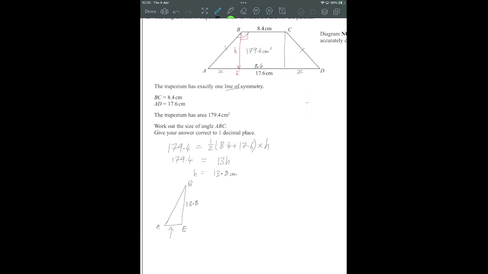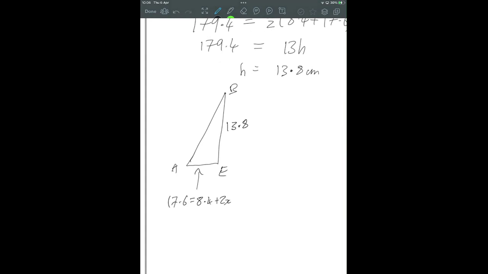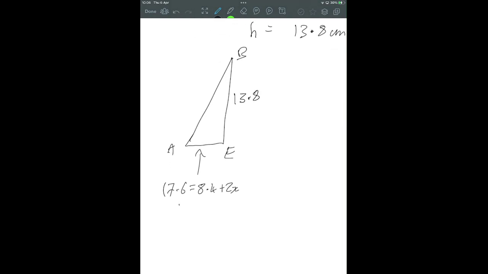So that's telling us that that 17.6 on the bottom is the 8.4 plus the 8.4 plus 2x. So let's solve that. Let's subtract off the 8.4 and divide by 2. So that side there is coming out at 4.6.